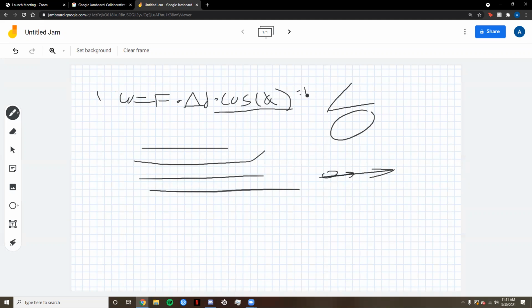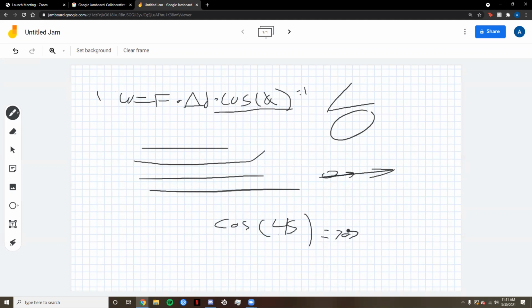But if it's 45 degrees, you put cosine 45. I think that'll give you a decimal. I'm going to do it right now. Cosine 45, yeah, it gives you about 0.707.